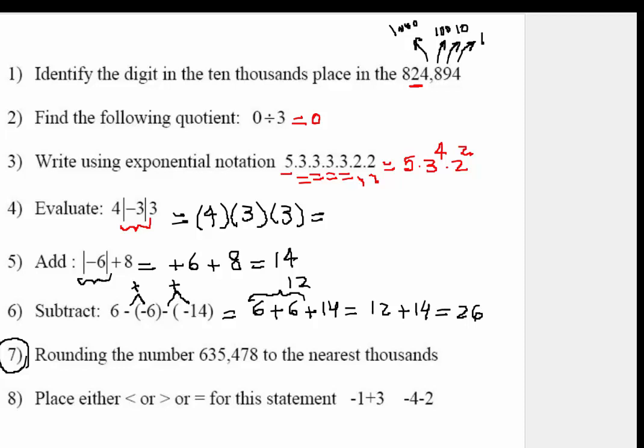This would be 1, that would be the 10th digit, that would be the 100 digit, and that would be the 1000th digit. So we want to round this to the 1000th digit. So we care about the 1000th digit here. Okay?